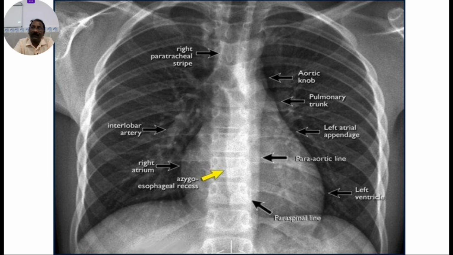The lines you are supposed to see are the paratracheal strip, aortic knob, pulmonary trunk area, left atrial appendage, para-aortic line, paraspinal line, of course left ventricle and the right atrium. The right heart border is formed mostly by the right atrium. And then the azygoesophageal recess, interlobar artery. So don't forget all these things. These are very, very important from a physician's point of view.